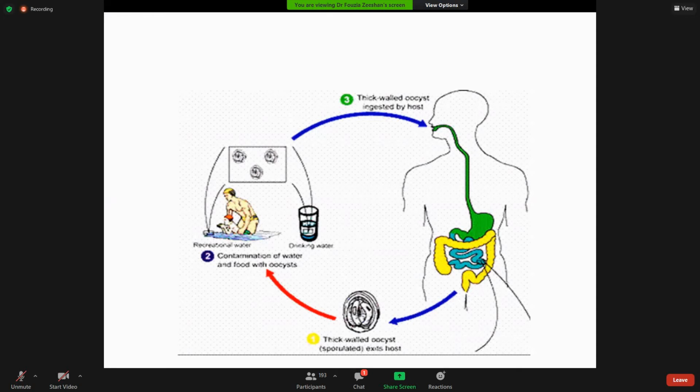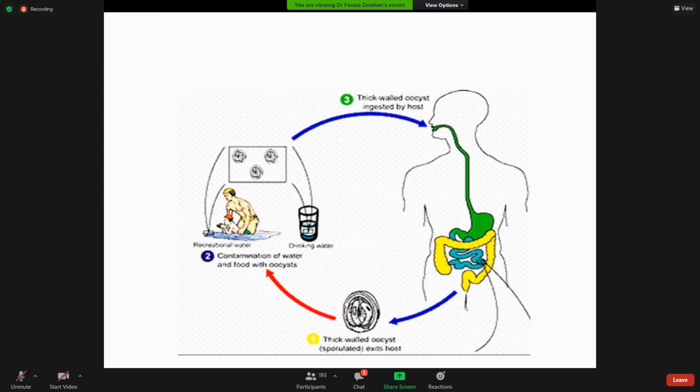The most important things are the symptoms. Entamoeba histolytica is very invasive in nature. It causes liver abscess and ameboma. Giardia is one of the most important causes of diarrhea, but it doesn't cause invasive disease. It is associated with non-bloody diarrhea, but it is linked with fat and protein malabsorption.